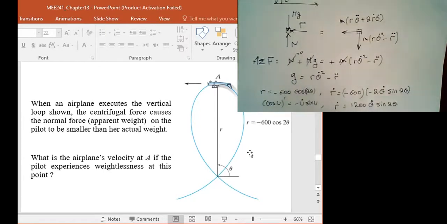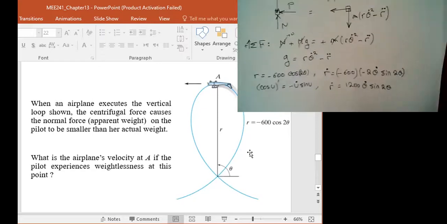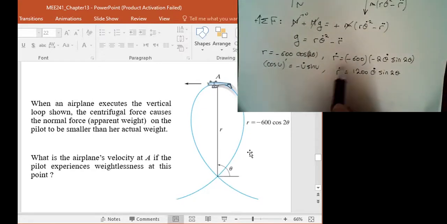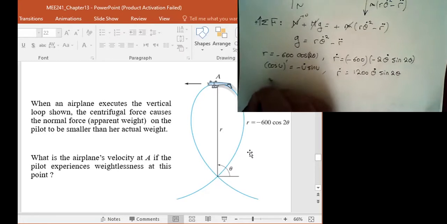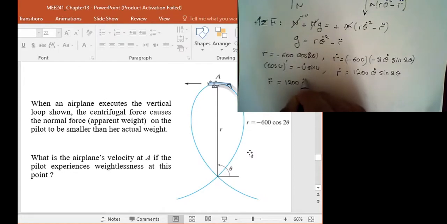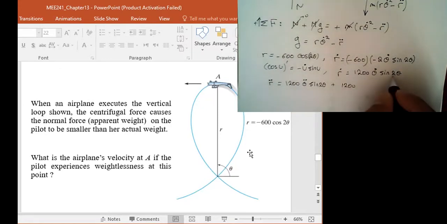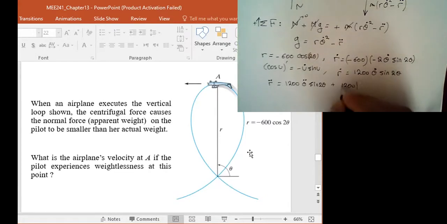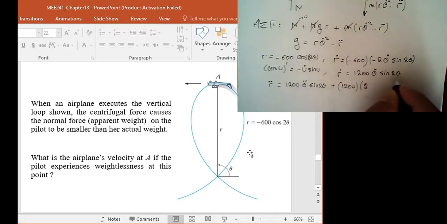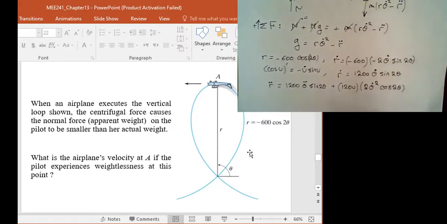sine 2 theta. Well, that is not enough because we still need r double dot to get here. So what is r double dot? Differentiate this one more time. It's going to be 1200 theta double dot sine 2 theta plus 1200 times the derivative of sine 2 theta, which is 2 theta prime cosine 2 theta, and we already have theta prime, so theta prime square cosine 2 theta.